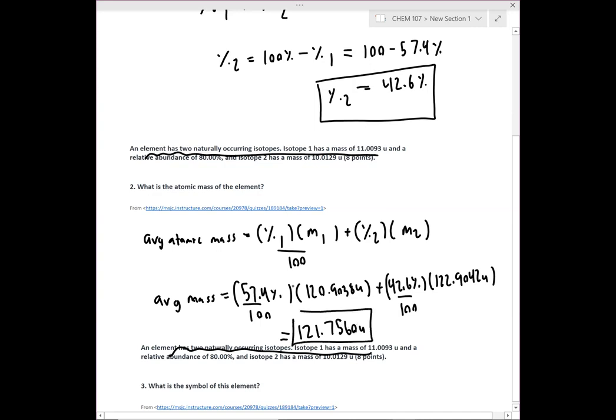And would someone like to tell me, after rounding, since our percentages have 3 sig figs, we can round this in turn to 122 AMU. What element in the periodic table has an atomic mass of about 122 AMU? What element in the periodic table has this atomic mass?